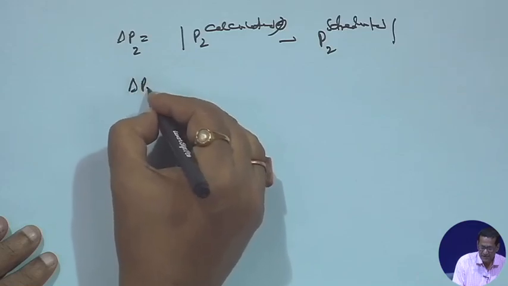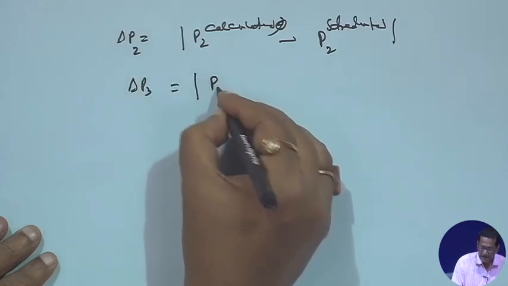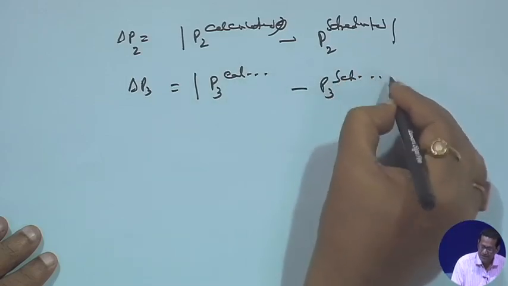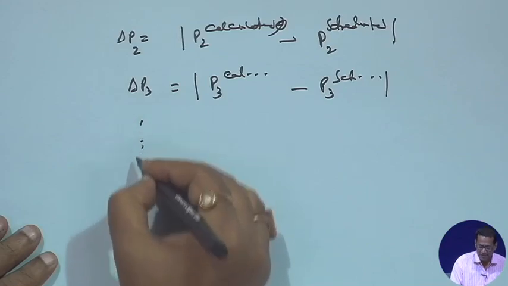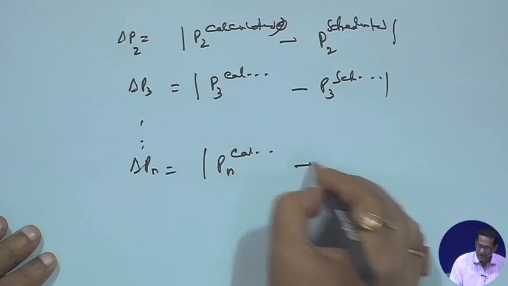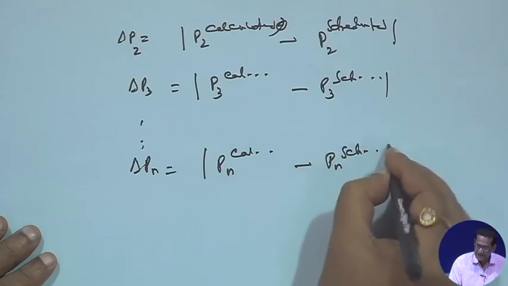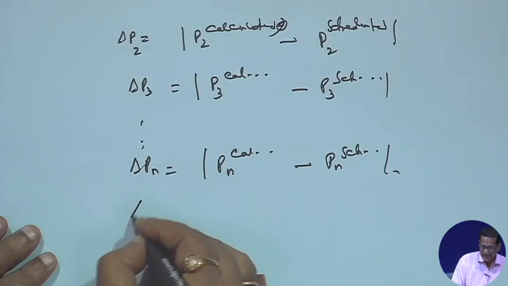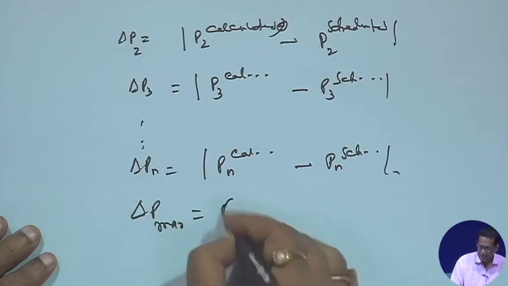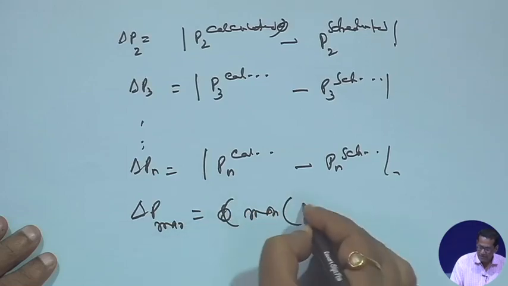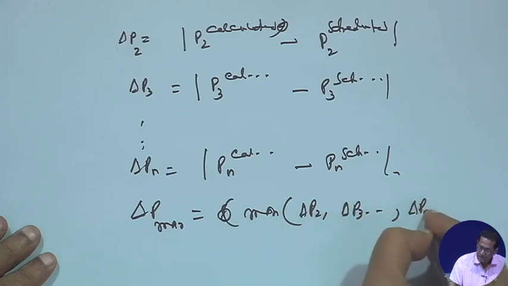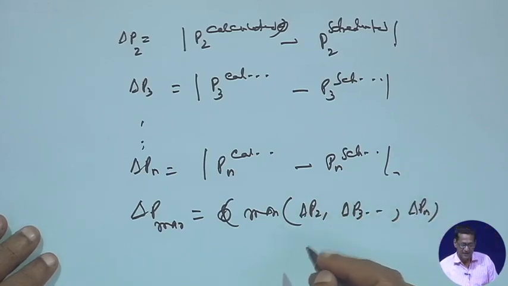Similarly, delta P 3 is equal to P 3 calculated minus P 3 schedule. Similarly, delta P n is equal to P n calculated value minus P n schedule value. Out of this, you do the same as before, the way you do for the voltage: delta P max is equal to max of delta P 2, delta P 3 up to delta P n.